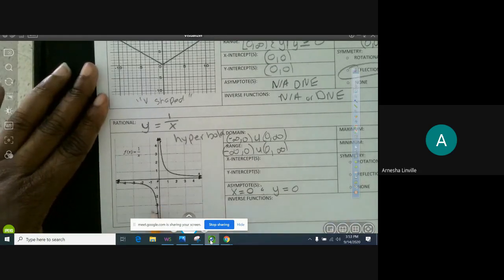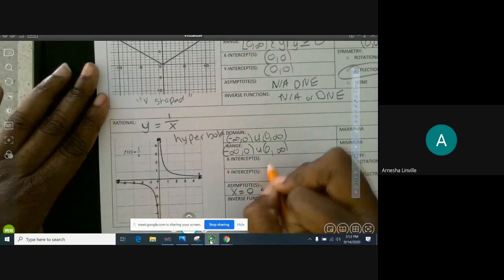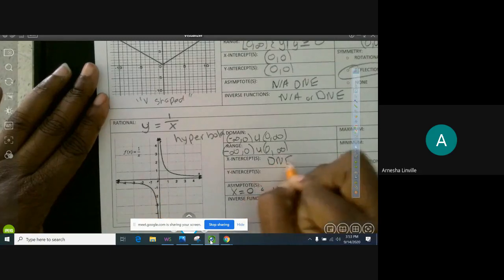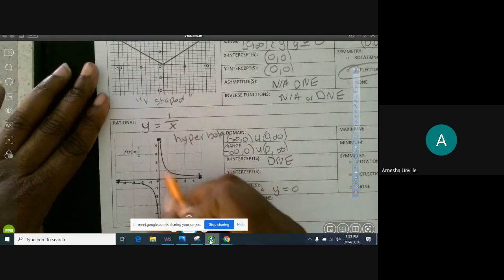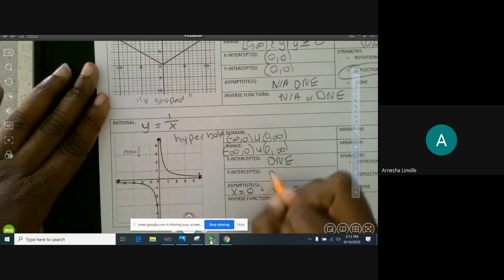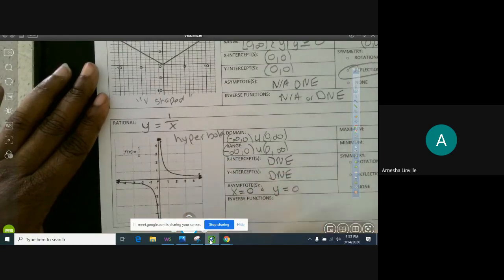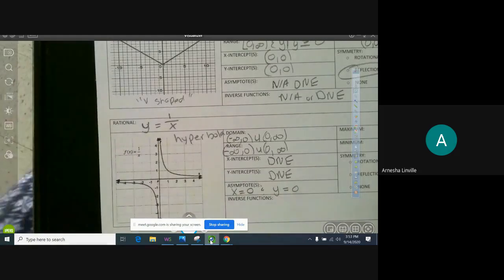Okay, x-intercepts. If you notice, it does not touch the x-axis. It approaches because of the asymptote, but doesn't touch. So there are no x-intercepts. As it approaches the y-axis, it gets close to it, but doesn't touch. So therefore, there aren't any y-intercepts. So those do not exist as well, and we're talking about the parent.